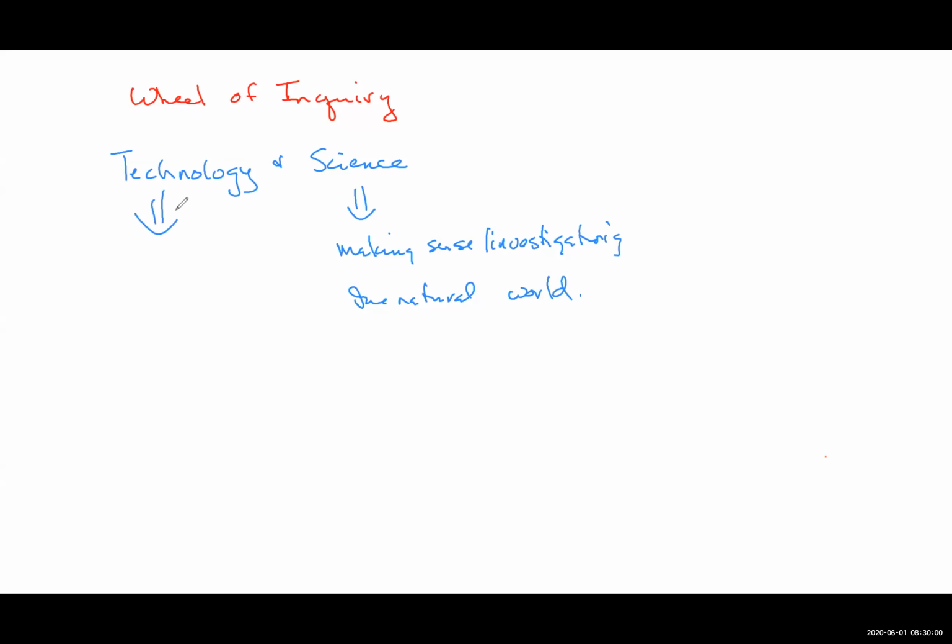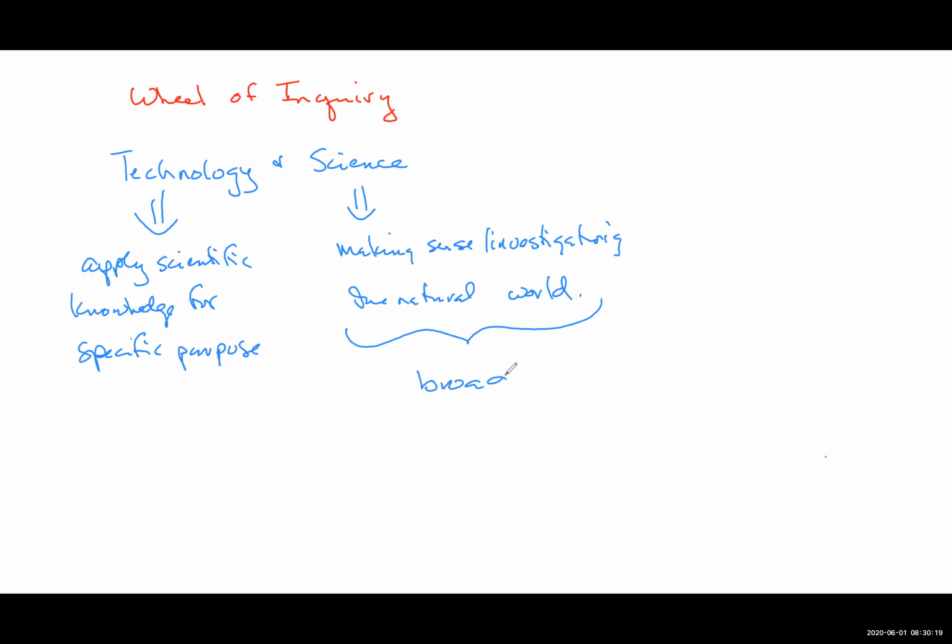Technology is a little bit more specific. Technology is that you're going to take or apply scientific knowledge for a specific purpose. So science is very broad and really has no ultimate goal other than to understand things. Technology is more specific.